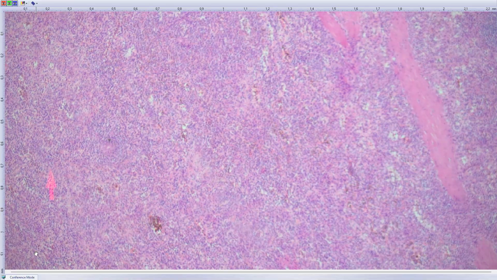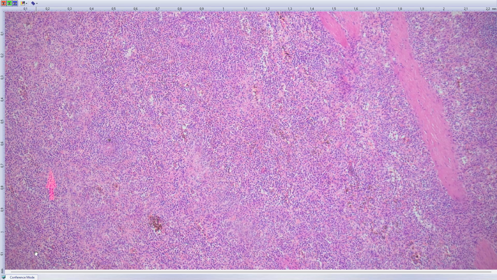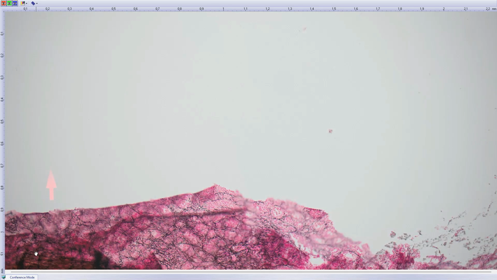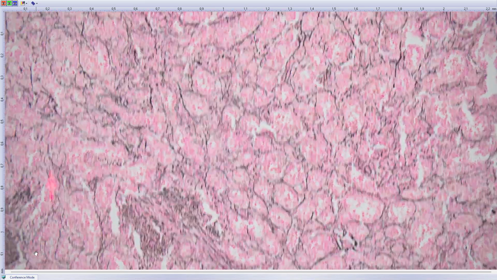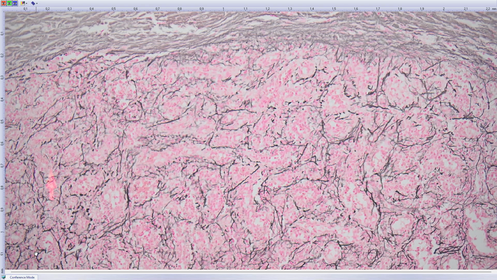And what it is, it's ectopic spleen. You can see penicillar vessels, and when you make CD8 staining, you see that these places that look adenomatous are just red pulp, nicely.